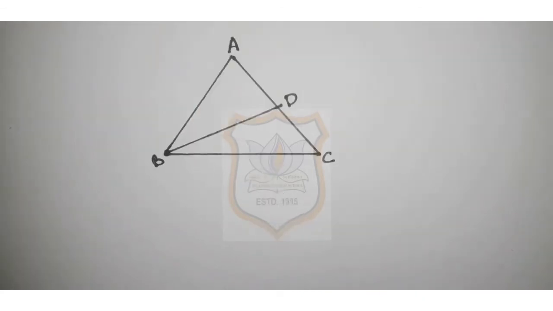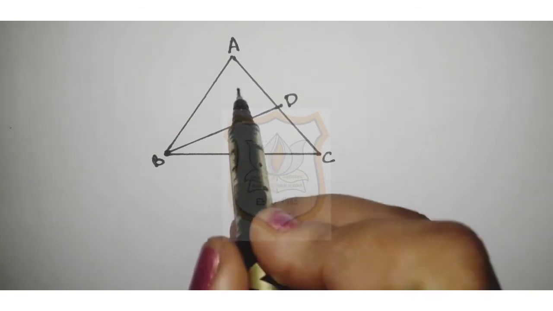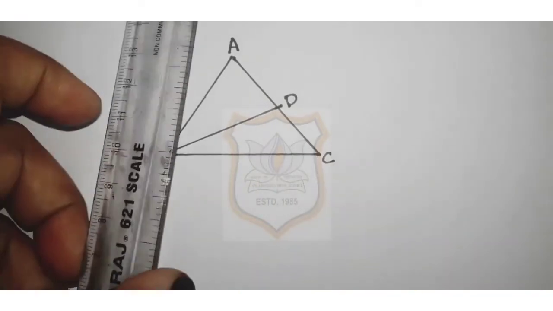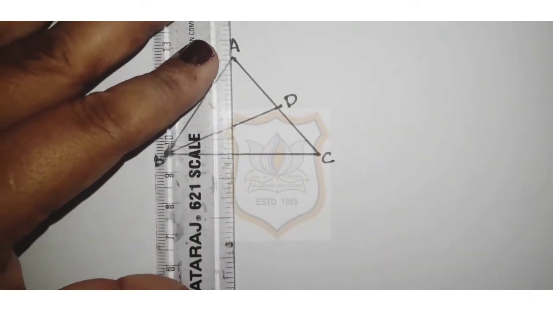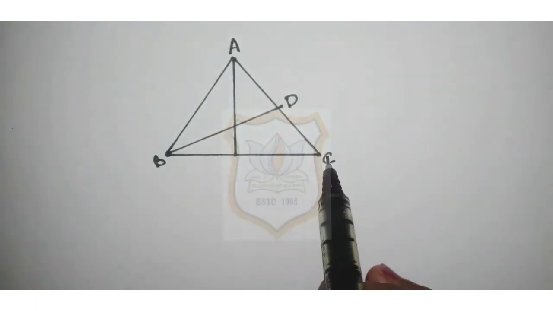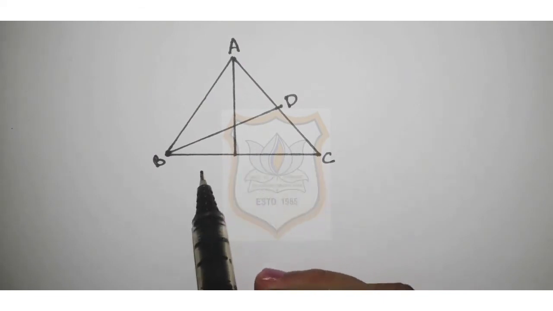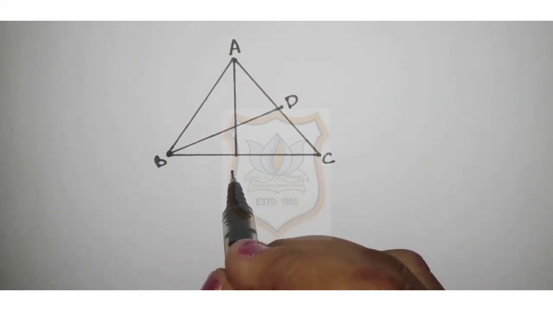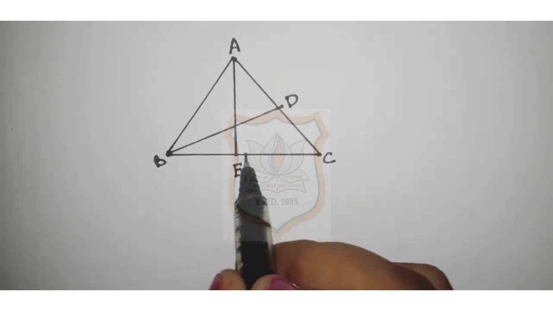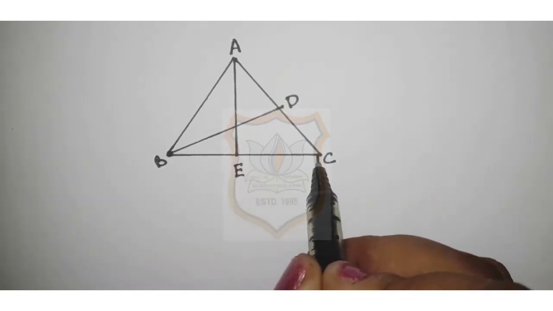Students, keep in mind that the line can start from any vertex. It can start from A also, it can start from C also. Suppose it is starting from A and dividing its opposite side, that is BC, into two equal parts. Suppose this point is E. So BE is equal to EC.